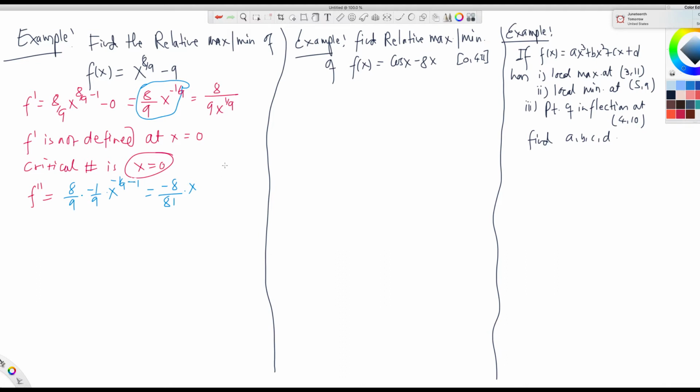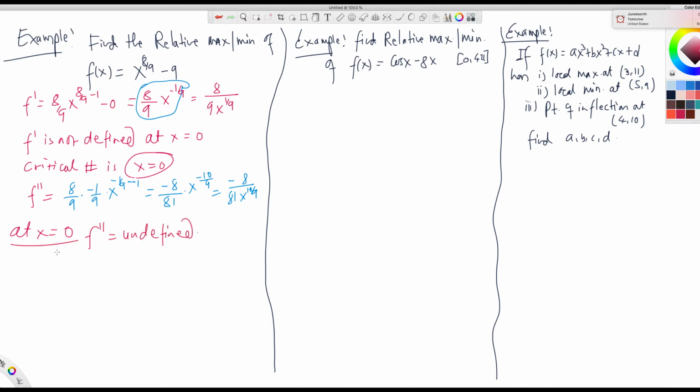So x to the negative 1/9 minus 1 will be negative 10/9. If you simplify this, you will get negative 8 over 81 times x to the negative 10/9. So at x equals 0, f double prime is undefined, right?